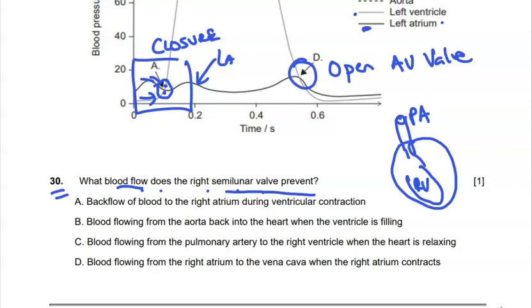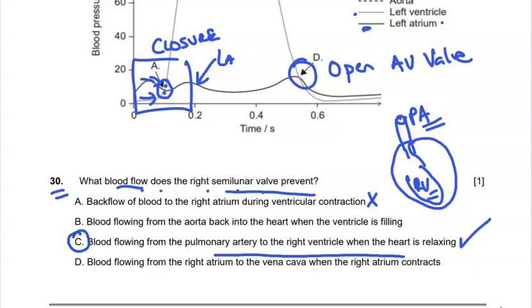So it's preventing a backflow from the pulmonary artery into the right ventricle. Let's look for that one. Not this one. Blood flowing from the pulmonary artery to the right ventricle when it's relaxing. That's correct. So I'm going to choose C.